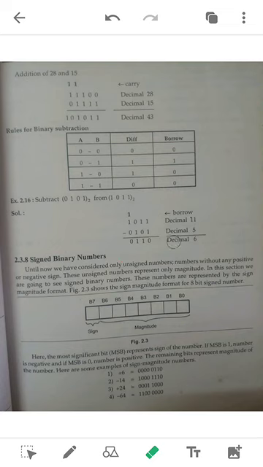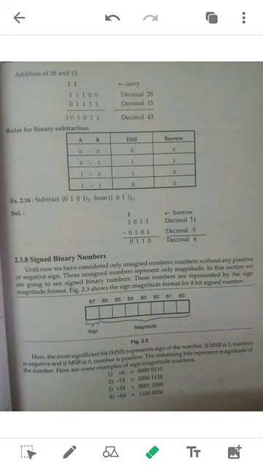Okay, up to this we have discussed only the numbers which don't have any sign, meaning negative and positive numbers we have not considered. We only considered the numbers without any sign.